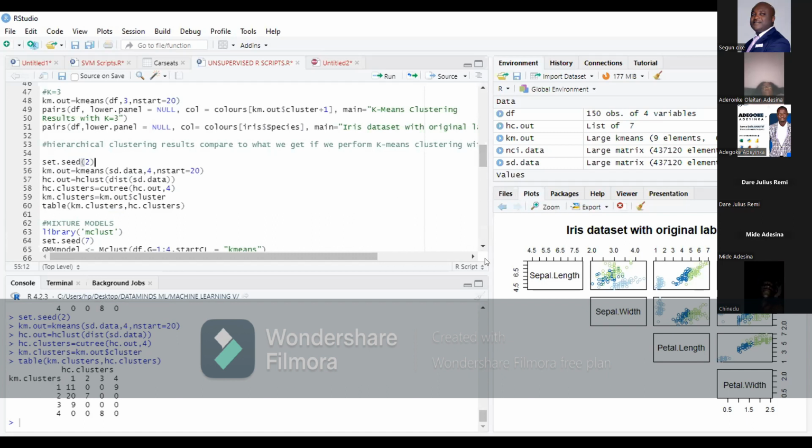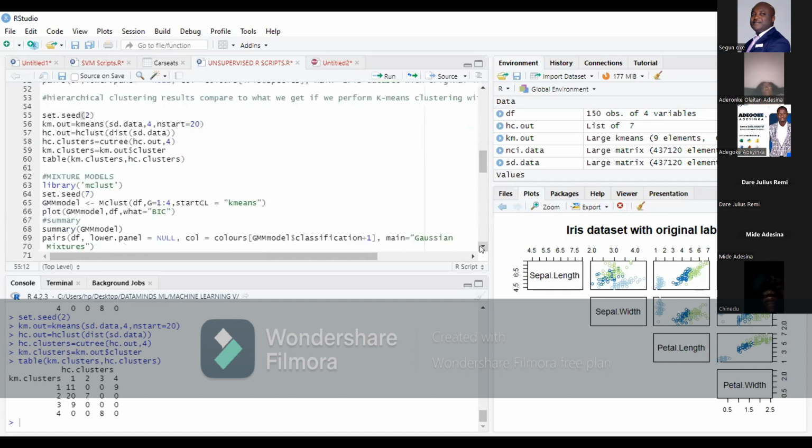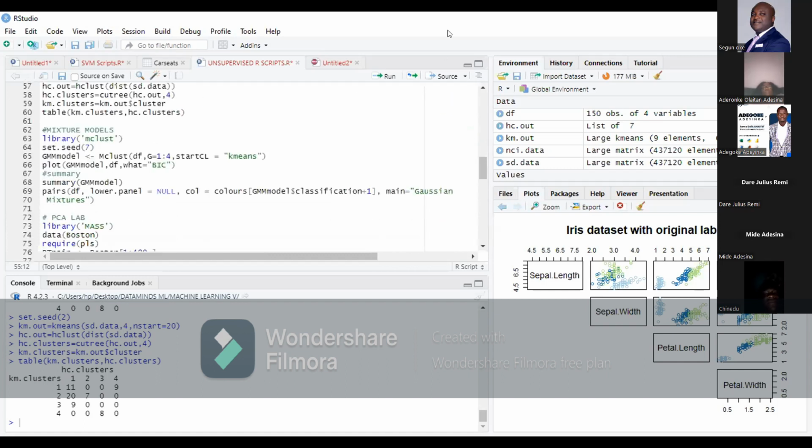So let's go to the mixture models now. In this, when we are doing these mixture models, we'll be looking at mclust. That's a package required to do the mixture models. So we have mclust. We call mclust in, since it's already in the library.